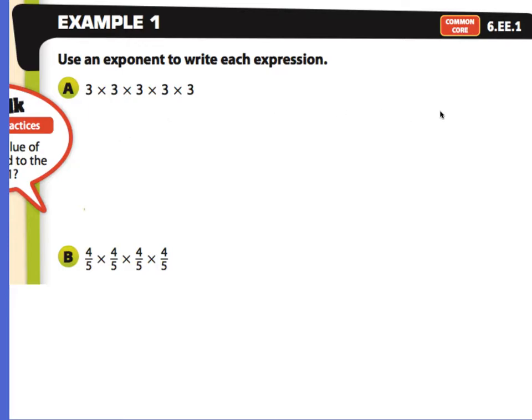And since it's being multiplied 5 times, because we said 1, 2, 3, 4, 5, 5 is going to be my exponent. So my exponential form is going to be 3 to the 5th power, where 3 is my base.